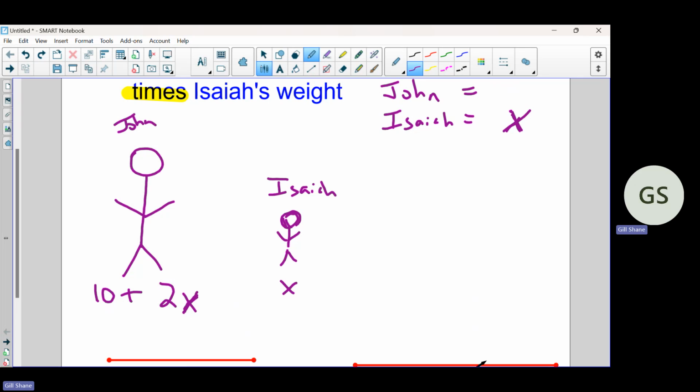And we've only used one variable now. We've compared John to Isaiah so that we could just use Isaiah's weight, which is X, the unknown, in order to create an expression that also reflects John's weight. But here's, and again, if you're a little lost on how I created it, that's not the point of the video. The point of the video is those are just numbers. What I circled are just numbers. We don't know what the number is. In this case, it's only a variable, so it's only an unknown.